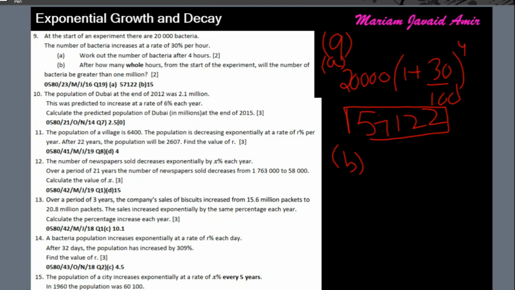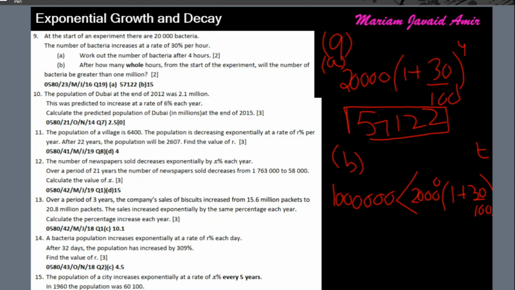Part B is after how many whole hours from the start of the experiment will the number of bacteria be greater than 1 million. So let's write 1 million over here, and the number of bacteria should be greater than 1 million. So 20,000 times 1 plus 30 over 100 raised to the power t. So again divide 20,000 and 1 million.